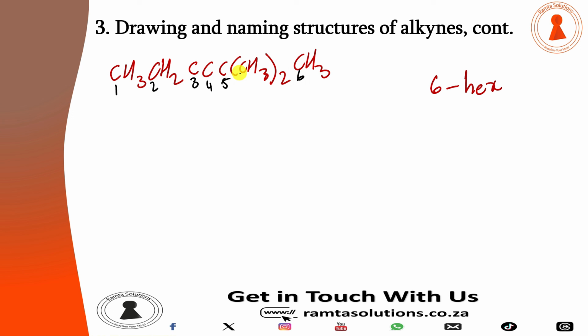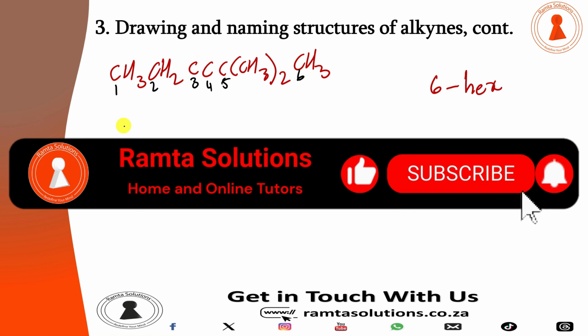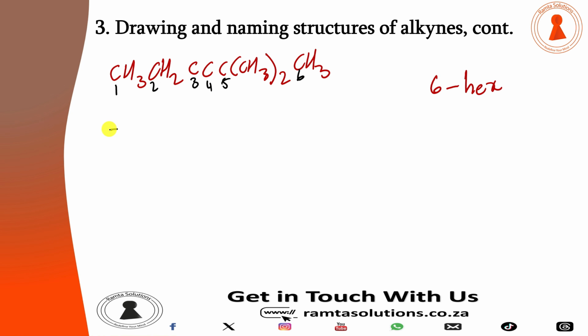Ooh, I do see that on the 5th carbon, or let's see, 1, 2, 3. Okay, you know what? We're going to try it from this end. So it's going to be 1, 2, 3. We have 5, 5-dimethyl. Okay, 5,5-dimethylhex-3-yne.